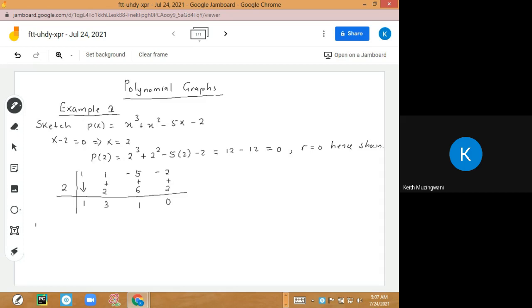So you can now write the polynomial P of X as a product of X minus 2 multiplied by X squared plus 3X plus 1, like that.